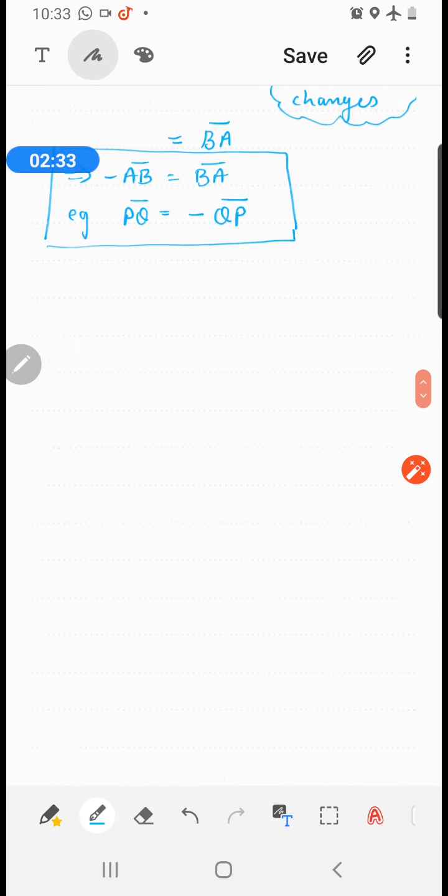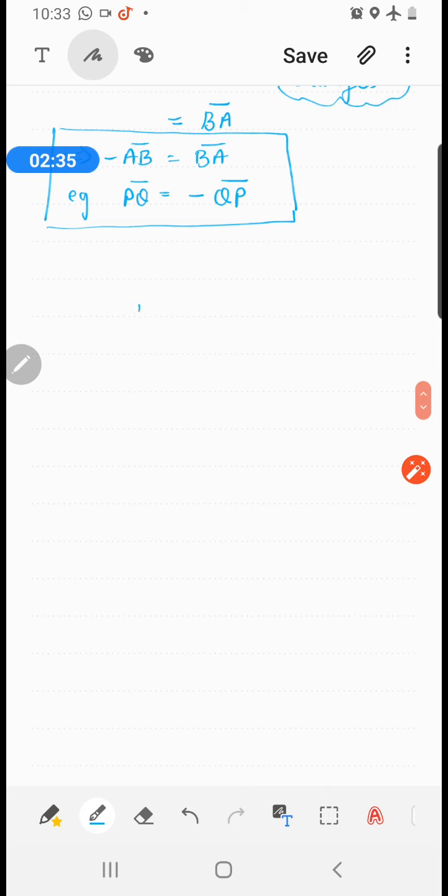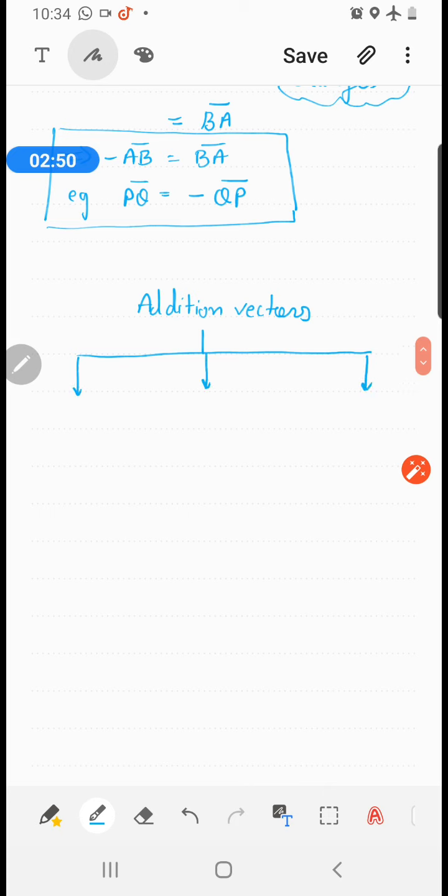Now to add the vector, addition of vectors, we have three choices. Different teachers have different ways of explaining this. My focus would be totally on triangle law. So the first law is triangle law, the other one is parallelogram law, and the last one is polygon law.